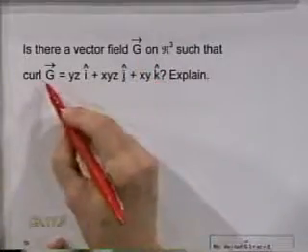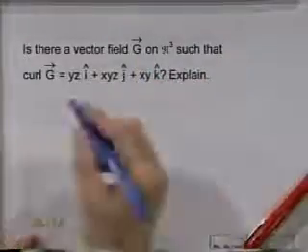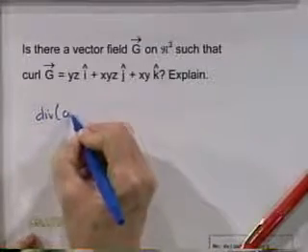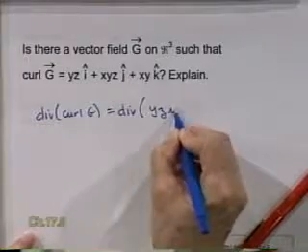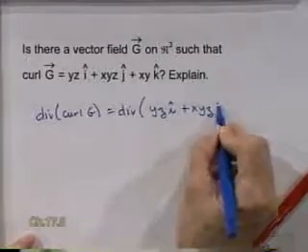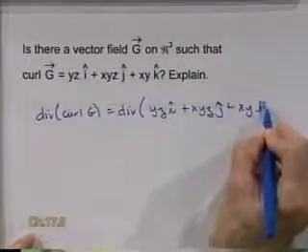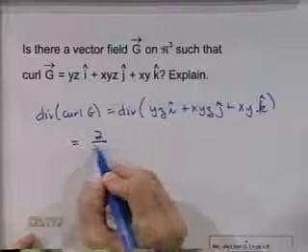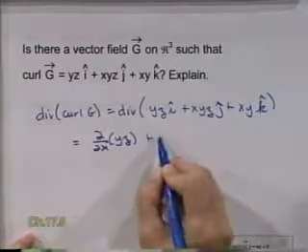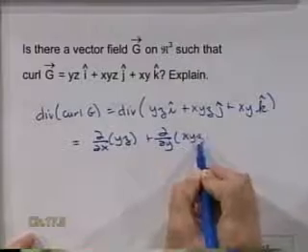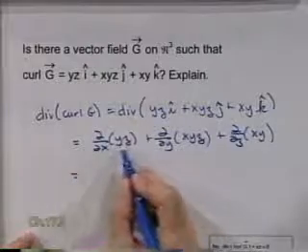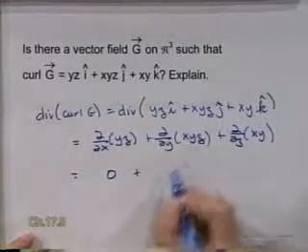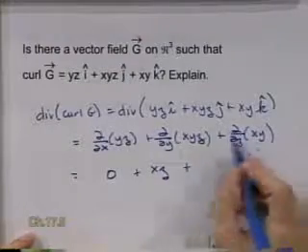Well, if I can find some G so that the curl of G is equal to this, notice the divergence of the curl of G is equal to the divergence of yz i plus xyz j plus xy k, which equals partial with respect to x of yz plus partial with respect to y of xyz plus partial with respect to z of xy. Partial with respect to x of this is 0. Partial of this with respect to y is xz. Partial of this with respect to z is 0.